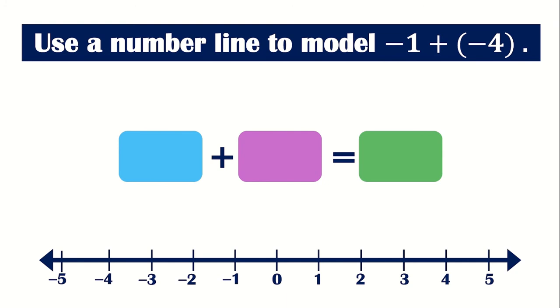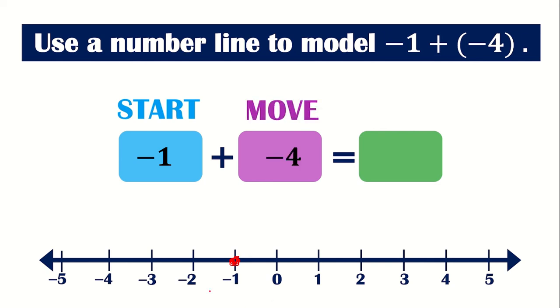Let us have another example. -1 plus -4. So first, start from -1. -1 is here. And then, second step is to move. Second number is -4.